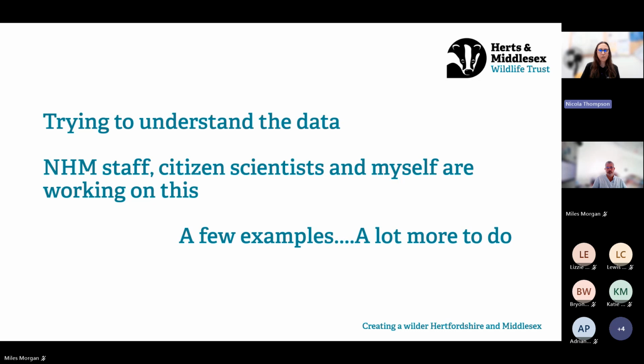So myself and Louise are working through the data, and also a volunteer called Colette is helping us sort the samples. And the citizen scientists themselves on the rivers have been feeding back what they know from their sites. So it's been a really great example of people power, I suppose.